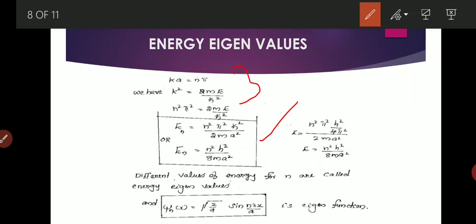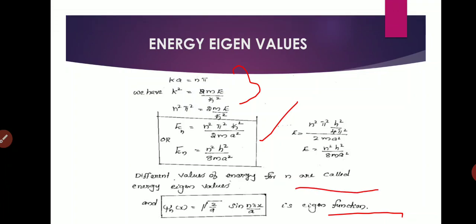So the different values of energy for n are called energy eigenvalues, and psi n of x is equal to root of 2 by a sin(nπx/a) is the eigenfunction. So eigenvalues and eigenfunctions.